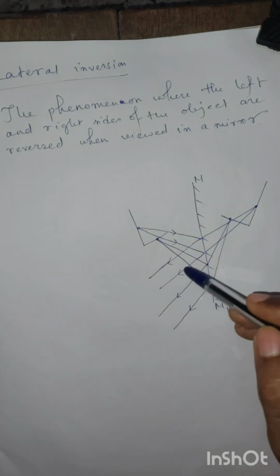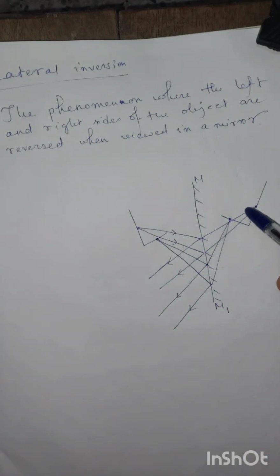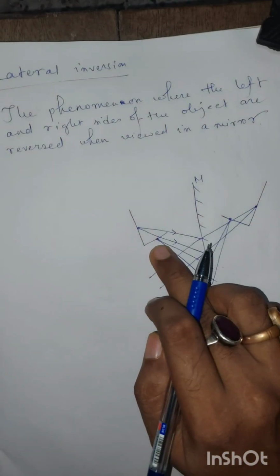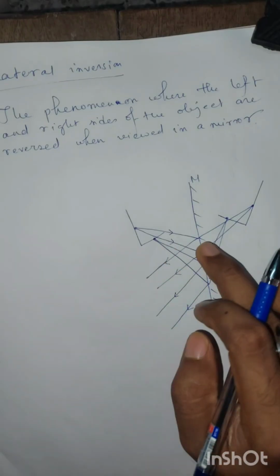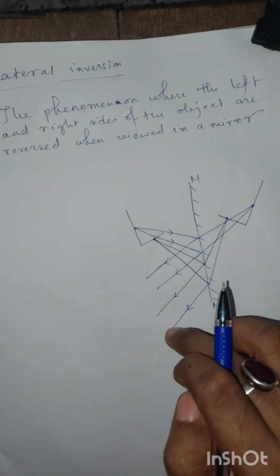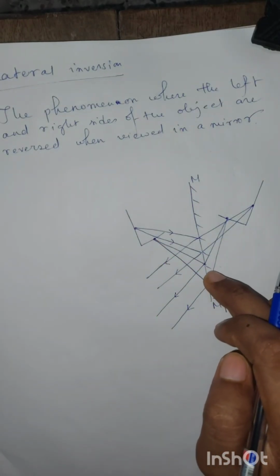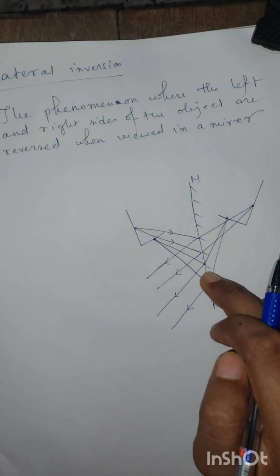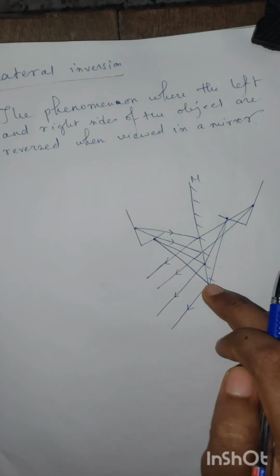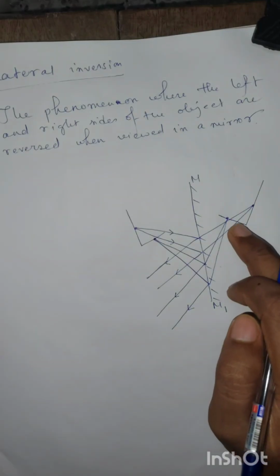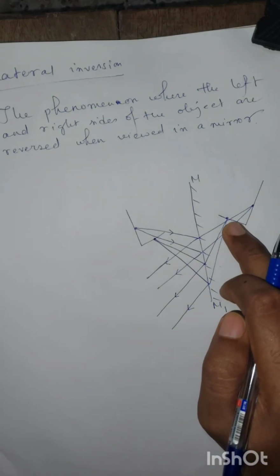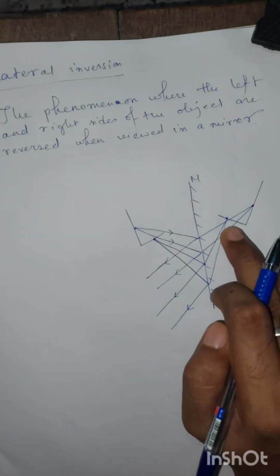When these two rays are dragged backwards, they meet at this point. Similarly, another point is considered, and the rays coming out of this point, after getting reflected, go in a certain direction. When the rays are dragged backwards, we get the image of this point.